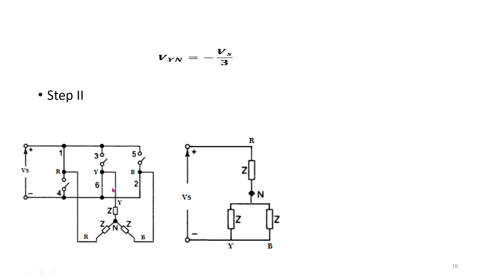Y and B points are connected to the same point, which is connected to the negative terminal, and R is connected to the positive terminal. Is it clear?